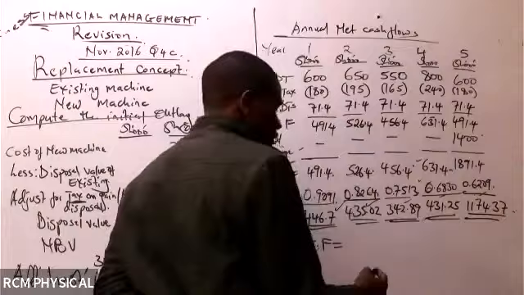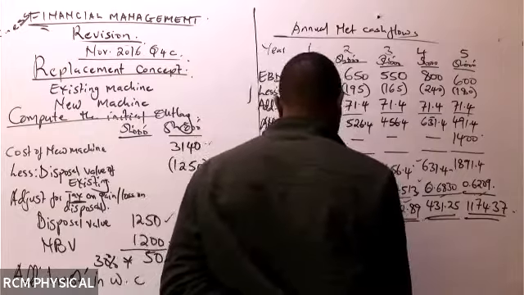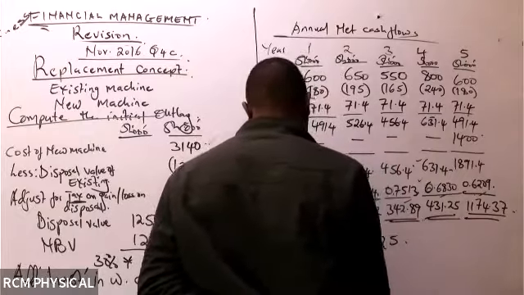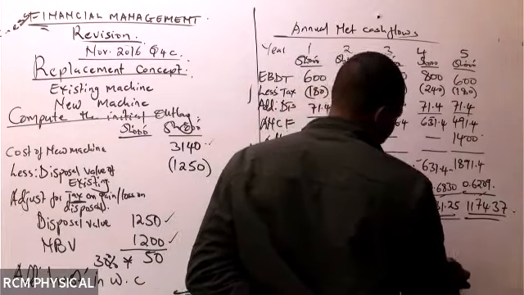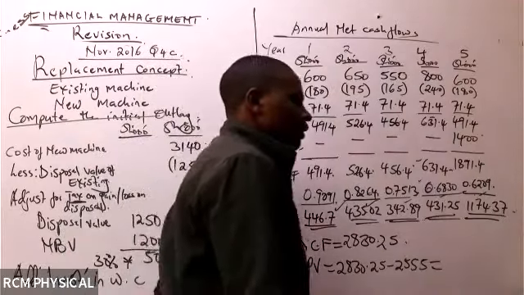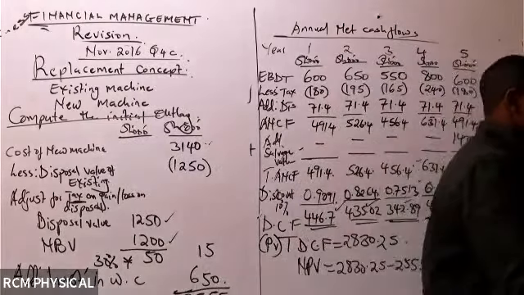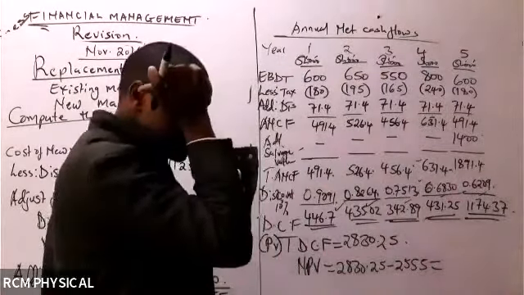Tunapata 2830.25. And to get the net present value, we got 2830.25 minus 2555. So what is our net present value? And how do you advise this company? Which is our net present value? How do you advise this company?